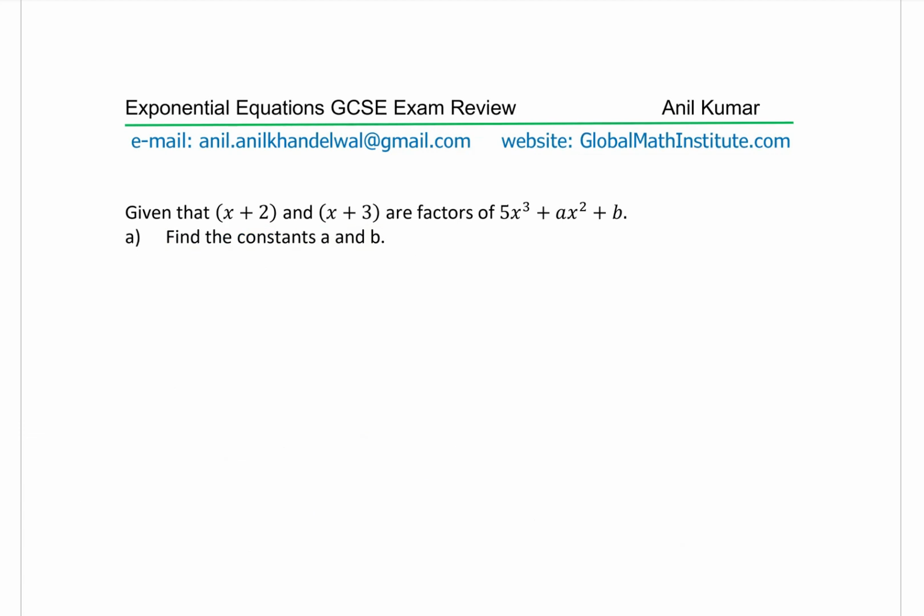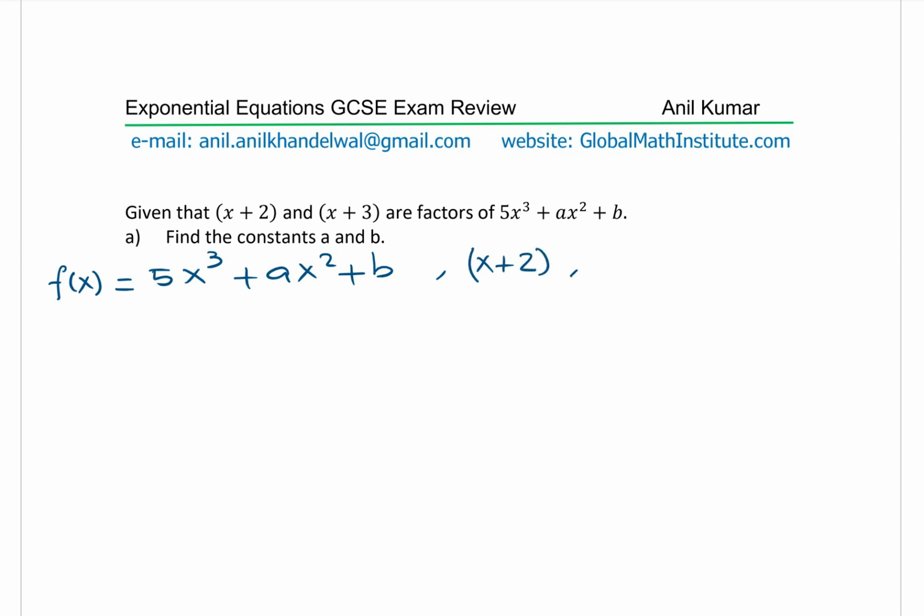So we are saying that the function here is, let's say f of x is given to us as 5x cubed plus ax squared plus b. Now factor is x plus 2.